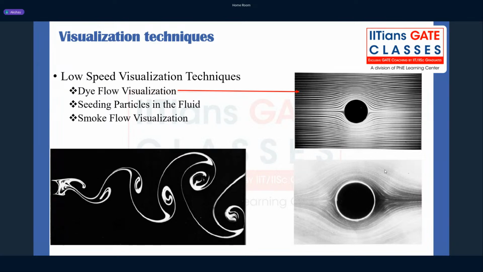The first one you see in the right corner is the dye flow visualization. What we do here is we inject a dye into the fluid, and we see the pattern, how the fluid takes over the body.